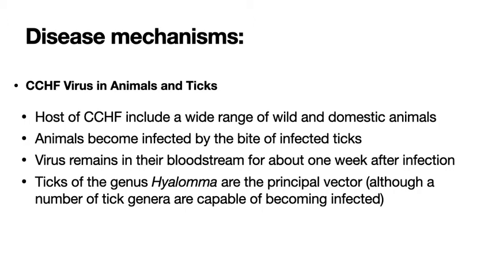The virus then remains in their bloodstream for about a week, allowing the tick-to-animal-to-tick cycle to continue when another tick bites the infected animal. Although there are a number of tick genera that are capable of becoming infected with CCHF virus, ticks of the genus Hyalomma are the principal vector.